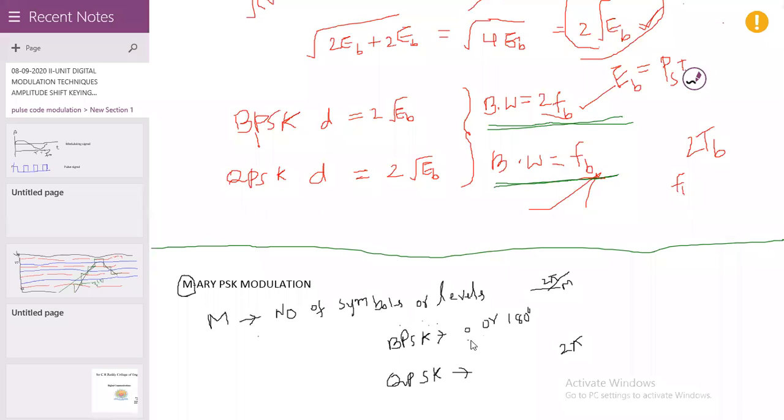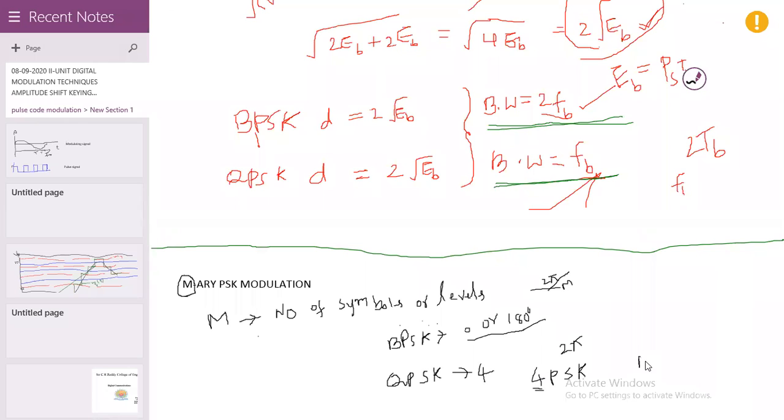So 4 phase angles are there, and QPSK can be called 4-PSK, which indicates 4 symbols.